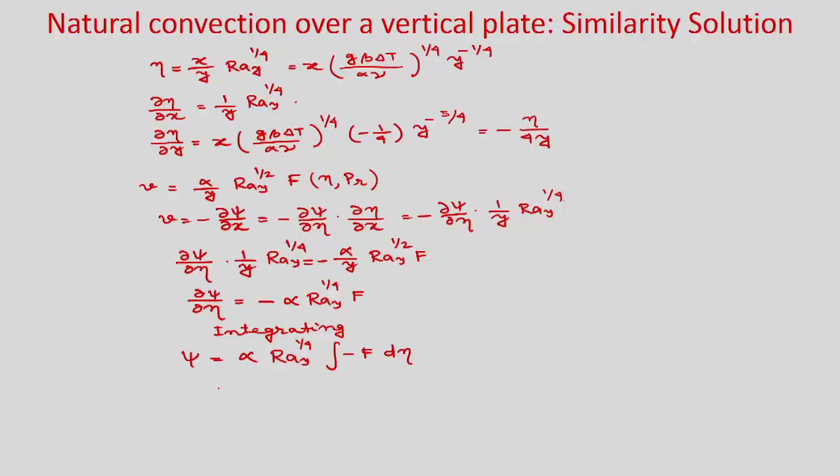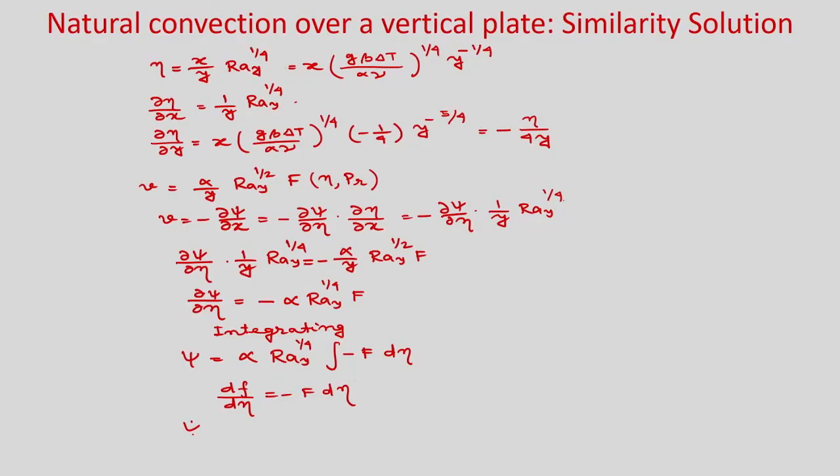So, now we will define a new variable small f, so that df by d eta will become minus f d eta. Okay, because f is an unknown function, so we are writing it in terms of df by d eta.